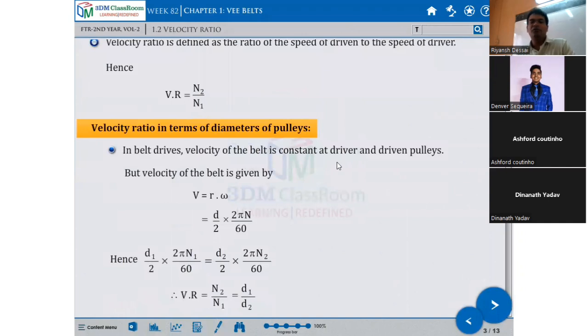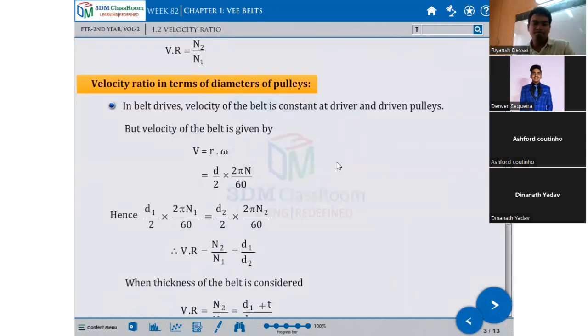See, in a belt drive, the velocity of the belt is constant for the driver and driven. The velocity of the belt is given by V is equal to R into omega, that is d by 2 into 2 pi n upon 60, where omega is the angular velocity.